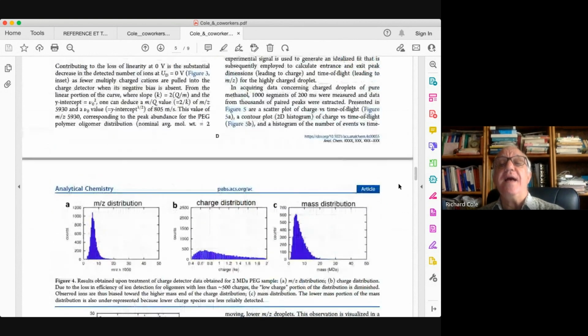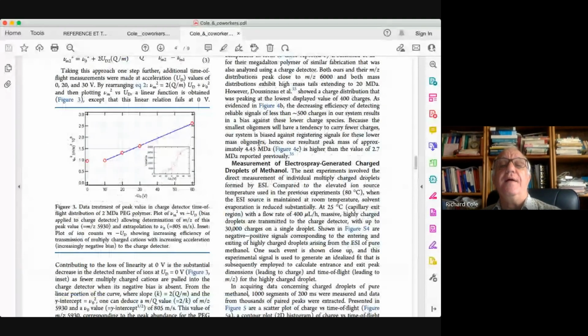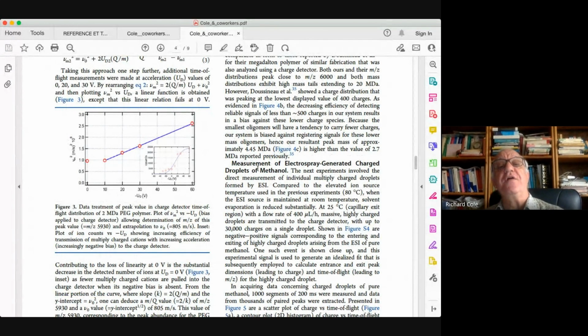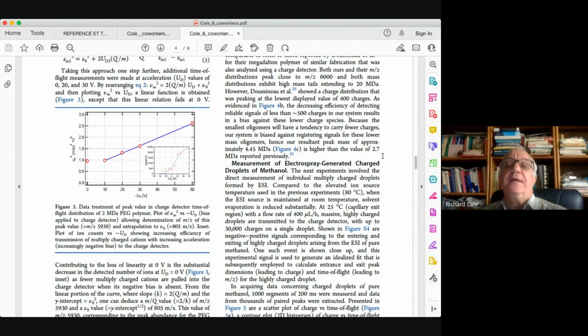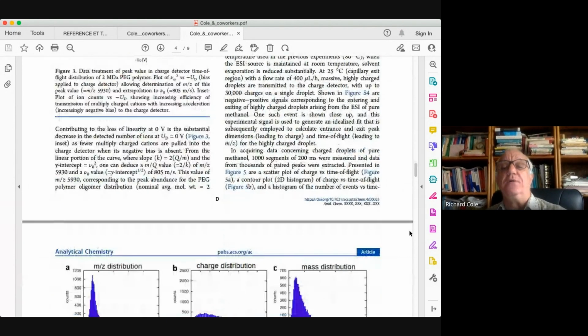And I'll say that our value from the last figure there, 4C, gives us a peak mass of approximately 4.45 megadalton, and this is higher than a previously determined value in the literature of 2.7 megadaltons.